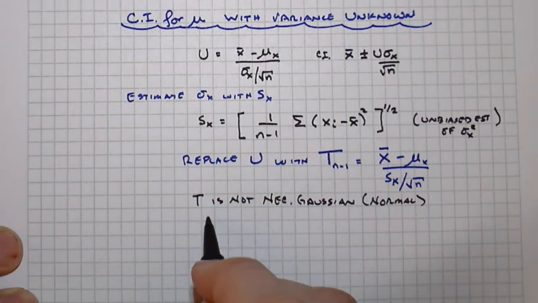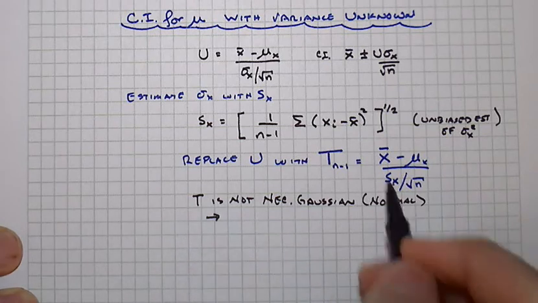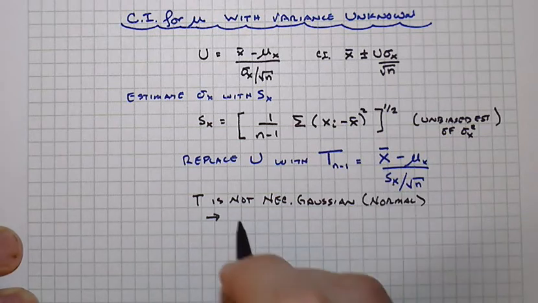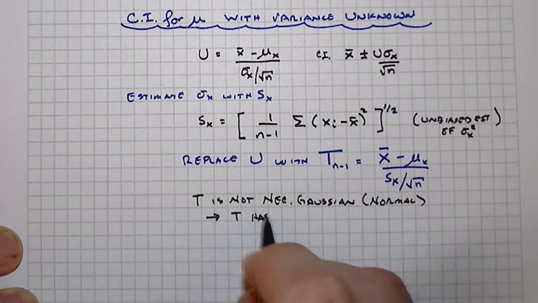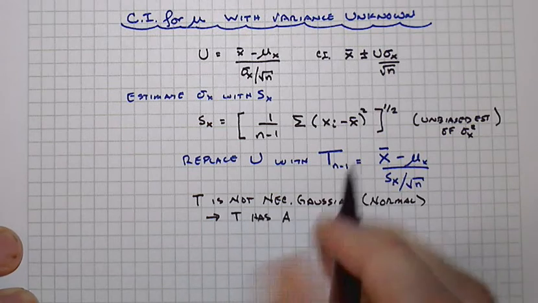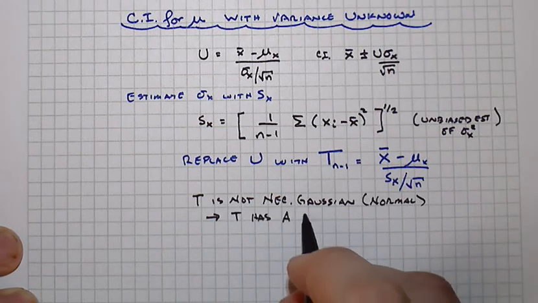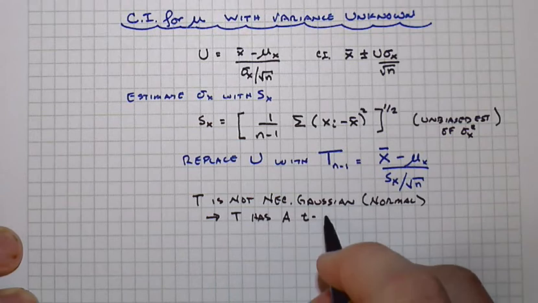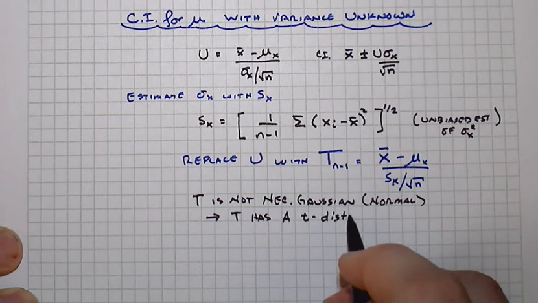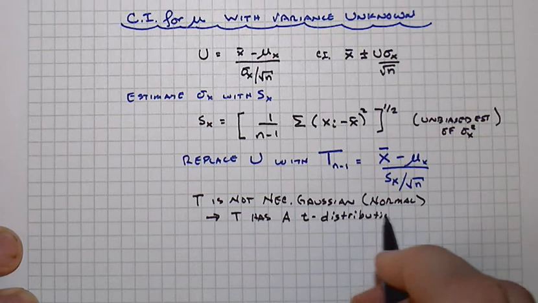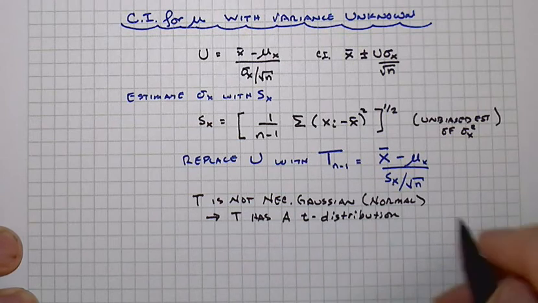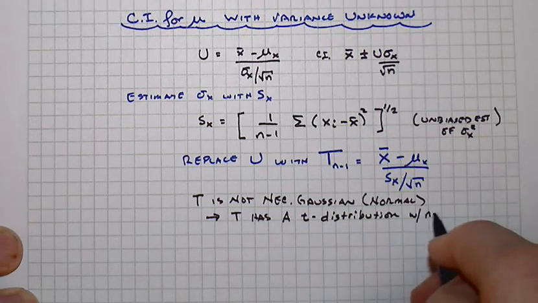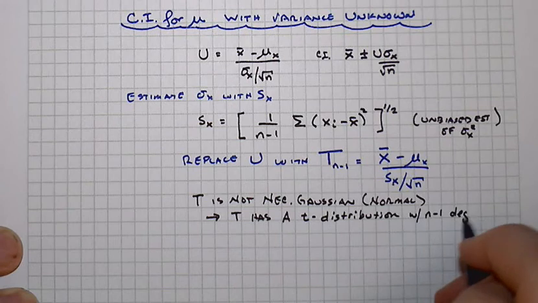Indeed, though, what it does have, if our underlying distribution for x is normal, then T has a Student's t distribution. Student came up with this distribution, and it has n minus 1 degrees of freedom.